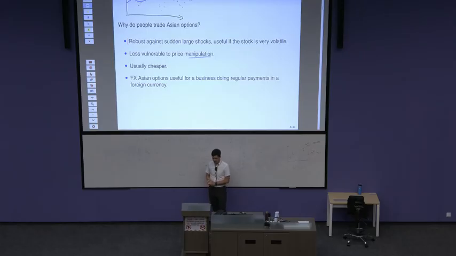The less volatile an option is, the cheaper the option becomes. This means Asian options are typically cheaper than European options, simply because they are less volatile. There are fewer chances of very high outcomes in the end. This reduces the price, because you're covered against losses.